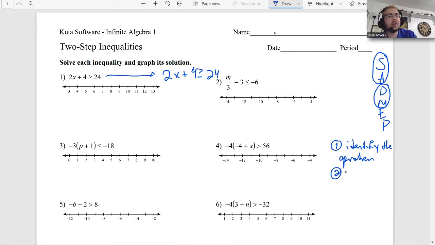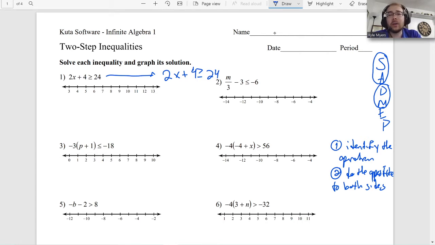And then two, you want to do the opposite. Do the opposite to both sides. So identify the operation, do the opposite to both sides.